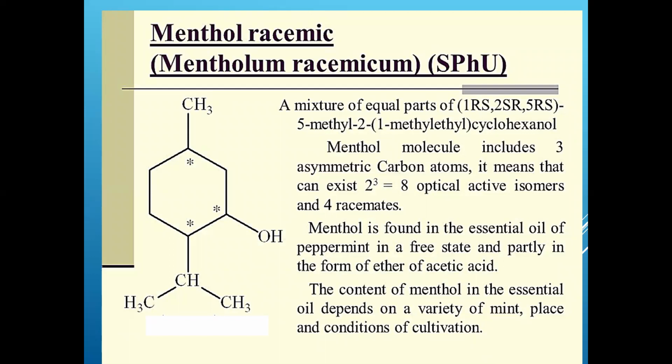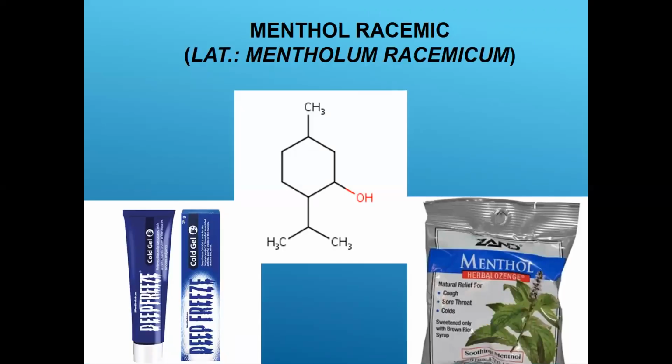Menthol racemic. It is a medical drug. Menthol is found in the essential oil of peppermint in a free state and partly in the form of ester of acetic acid.